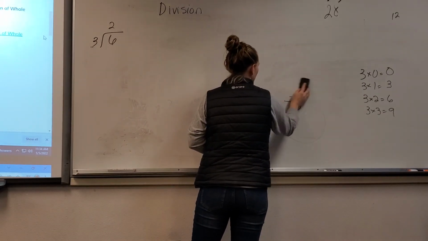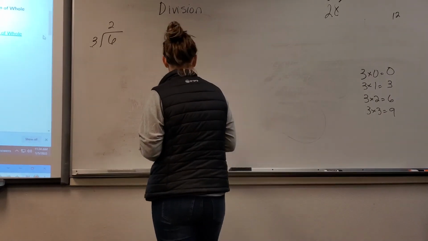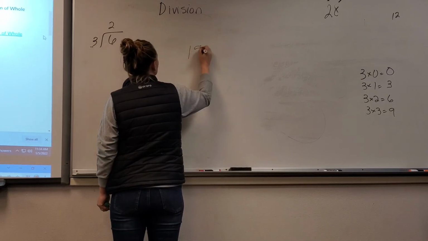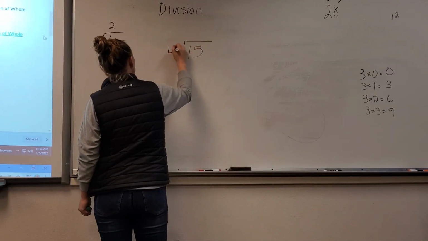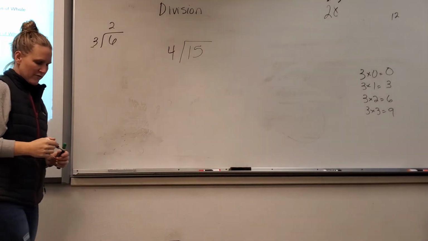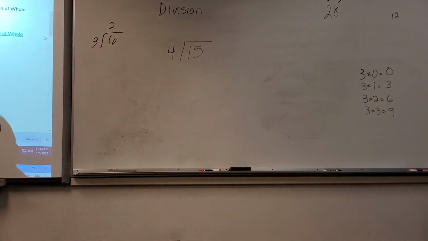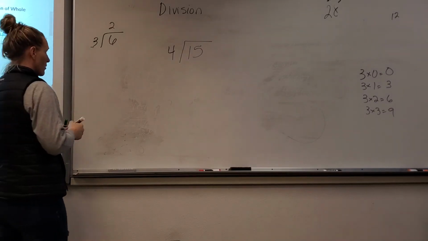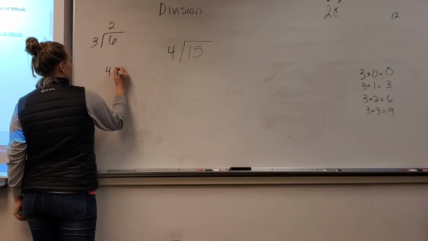Let's do one with the remainder. 15 divided by 4. How many times can 4 go into 15 without going over that number? Let's do our math.